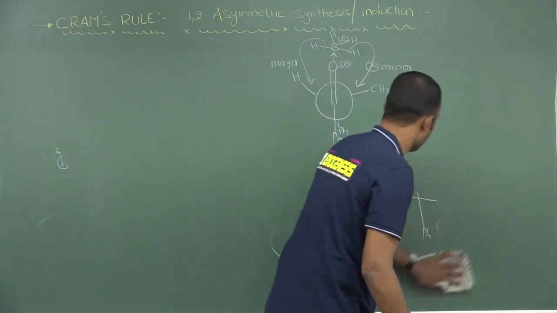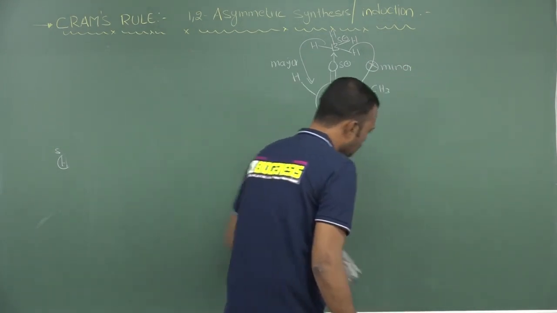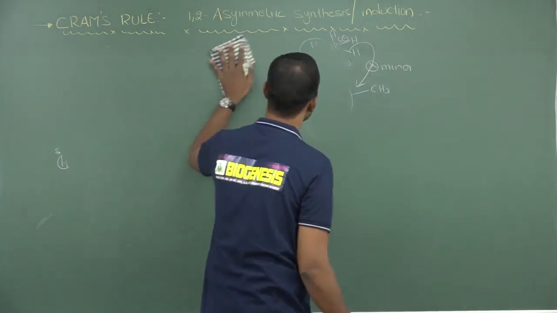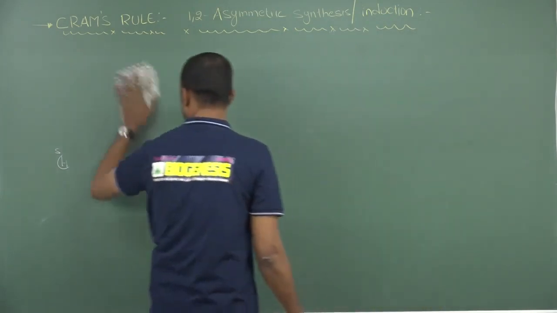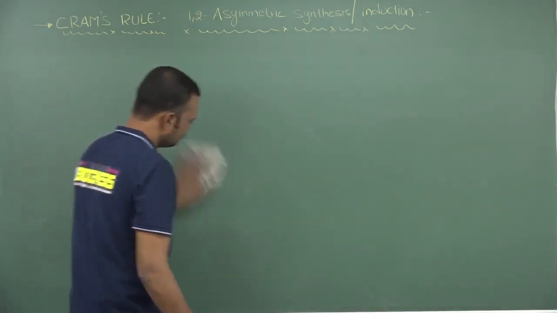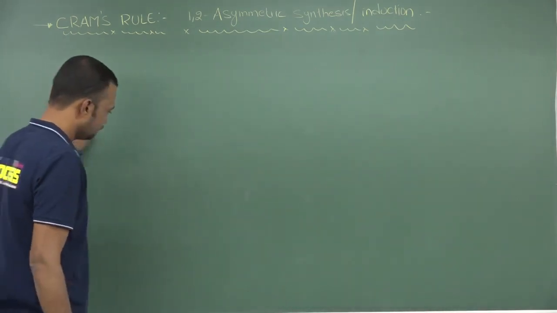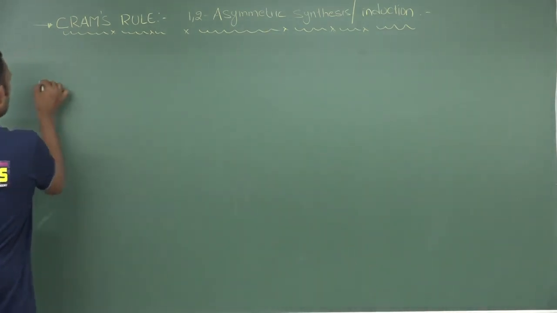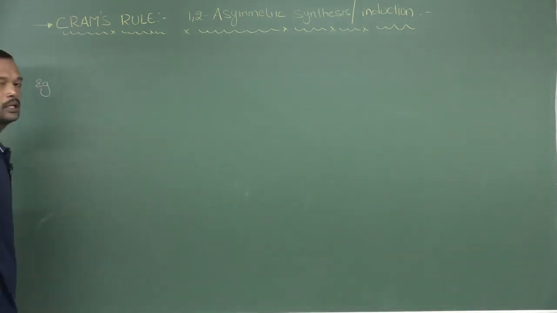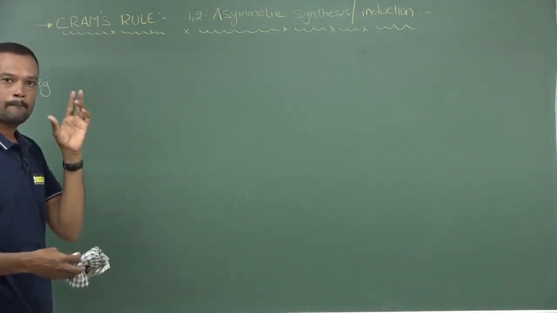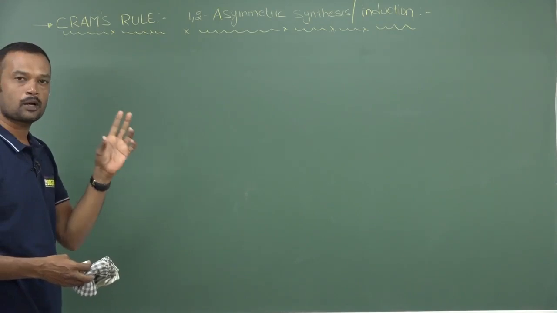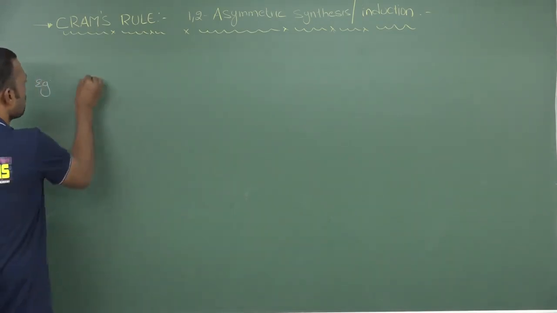Now we will see one more example to predict the answer. Okay. See, always try to bring it in such a way that it should be parallel to the large group and perpendicular to the carbonyl group. Suppose in your examination they may give it like this.